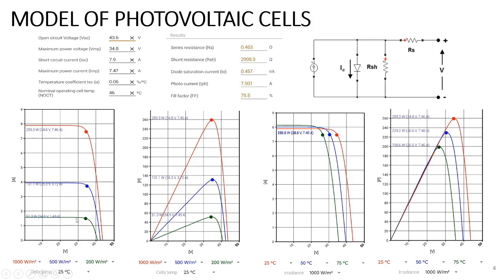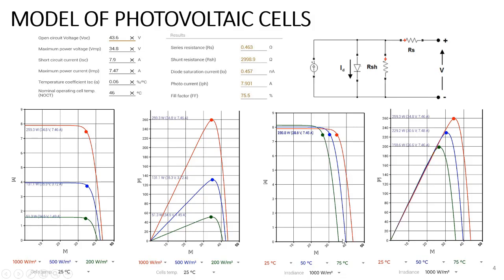Even at the same solar radiation, for example, the same irradiance of 1000 watt per meter square, when the PVs are working at different working temperatures, you will find that we also have different IV curves.